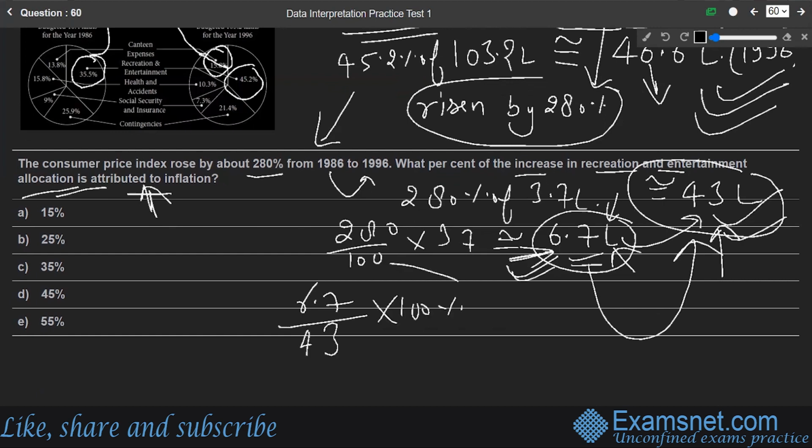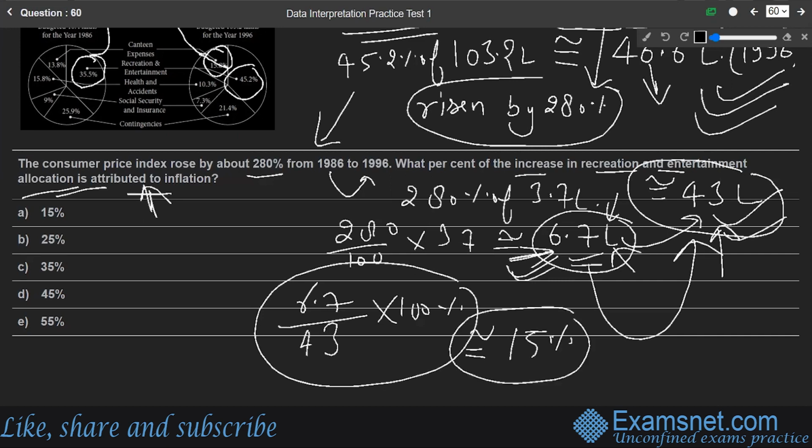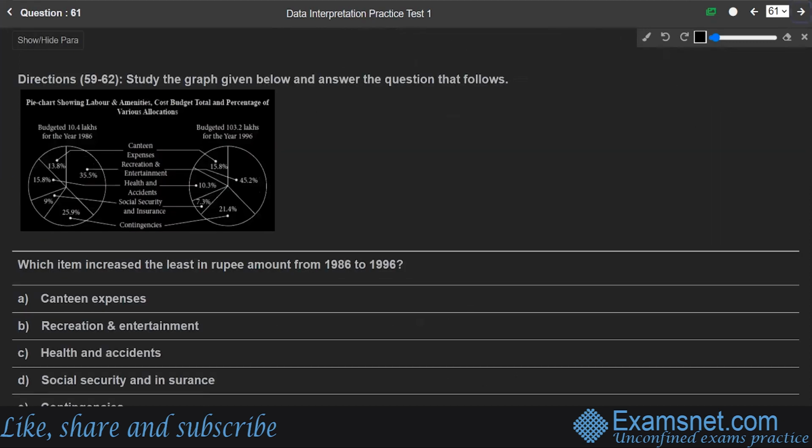That is the real question, and this will be the contribution of the inflation in the rise of the recreation and entertainment value. If we calculate this exactly, it is coming close to 15%. So that is the contribution of the inflation. Okay, 15%, which is available in option A, becomes the right answer.